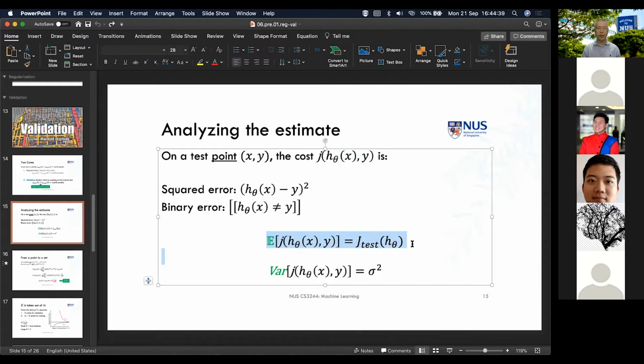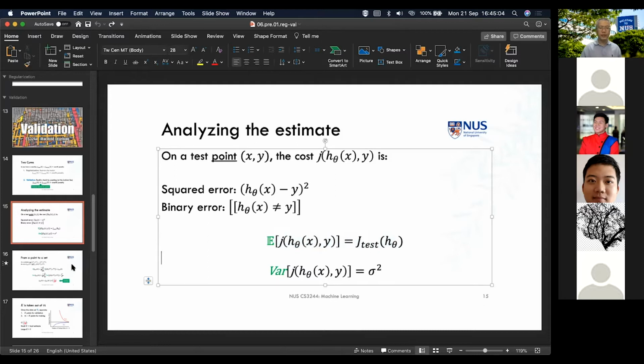Some of our test cases are more common than others, so we expect to see those types of instances more often, and they will of course express themselves more in the expected test error. So we're going to understand that over the entire testing data set.